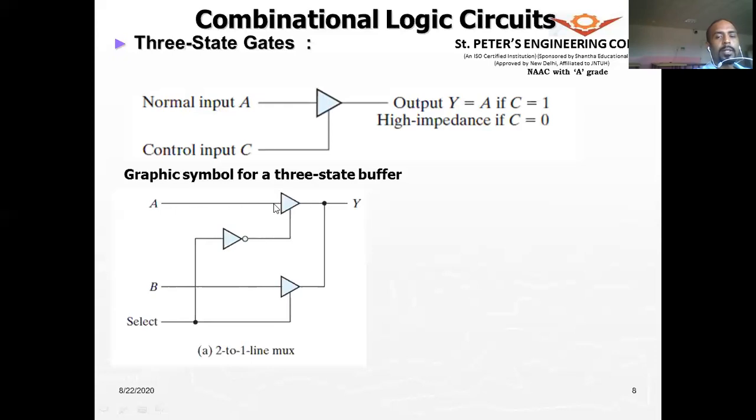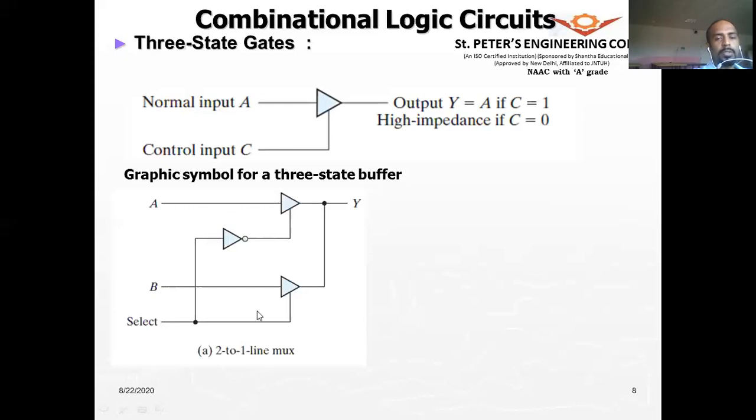So the tri-state buffer connected to A will be in the high impedance state, and the buffer connected to input B will be enabled, so that input B will be available at the output Y.